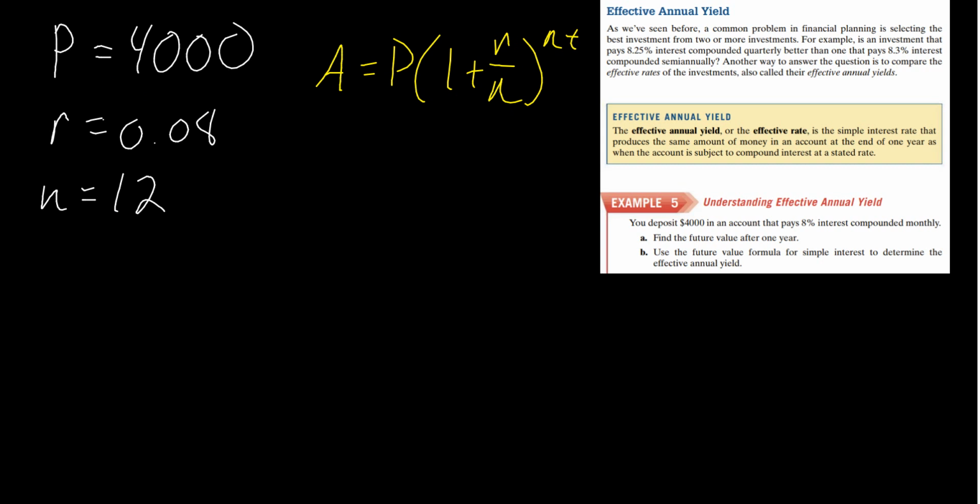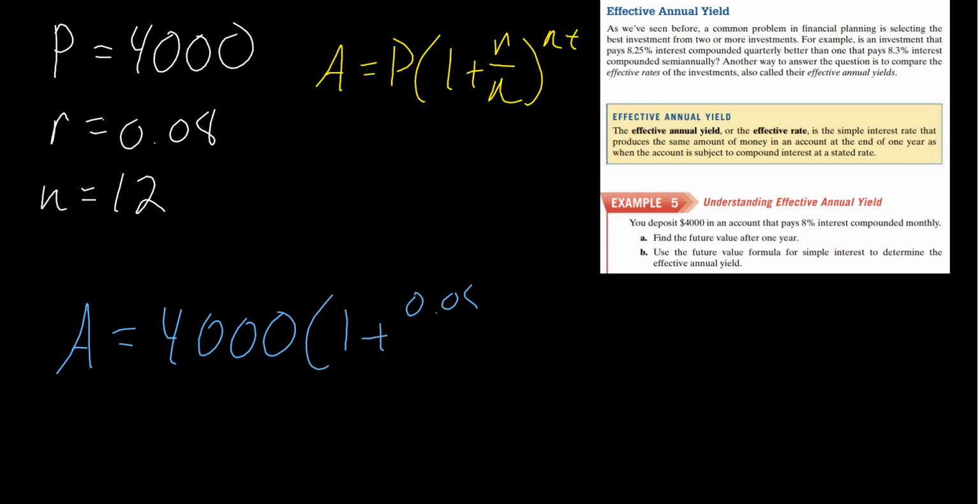Well, A gives me my fourth one, which is after 1 year, so T is going to be equal to 1. So we do our formula. A is equal to my principal, which is $4,000, times 1 plus my rate, 0.08, all over N, which is 12, raised to NT. 12 times 1 is just 12, but we'll put that times 1 there. And more calculator work.